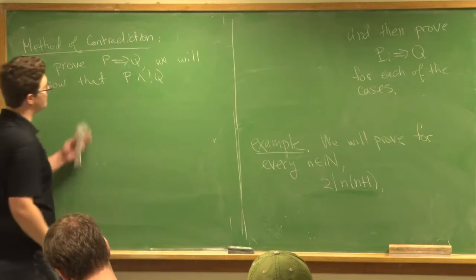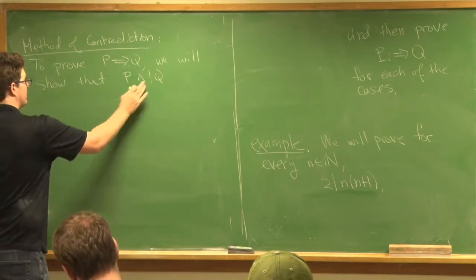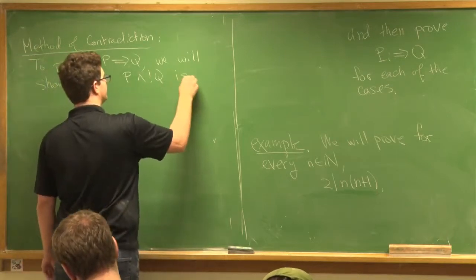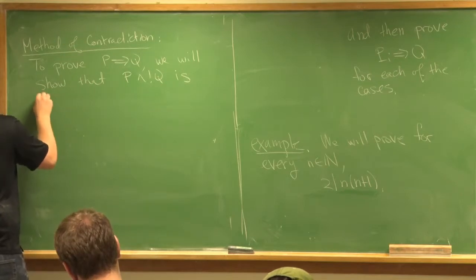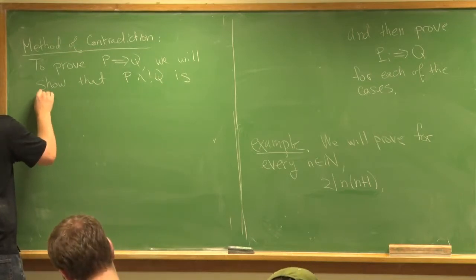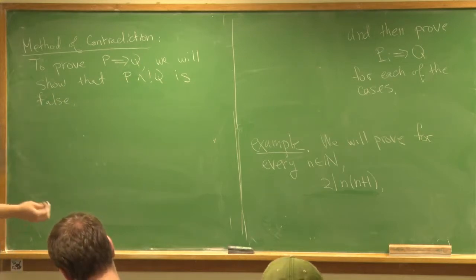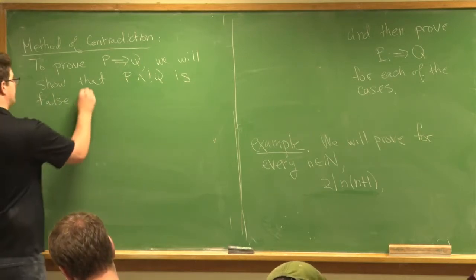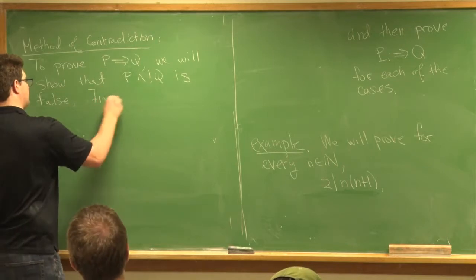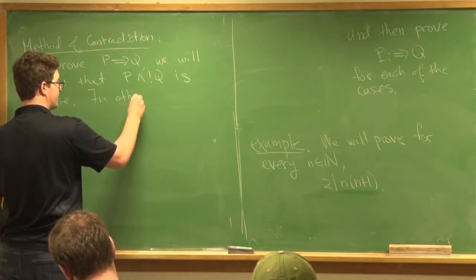Remember the definition: P implies Q is not P or Q, so its negation, P and not Q, is false. So in other words, we suppose P and not Q and show that it gives us some nonsense.